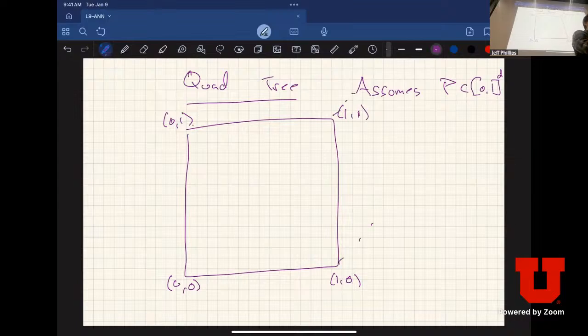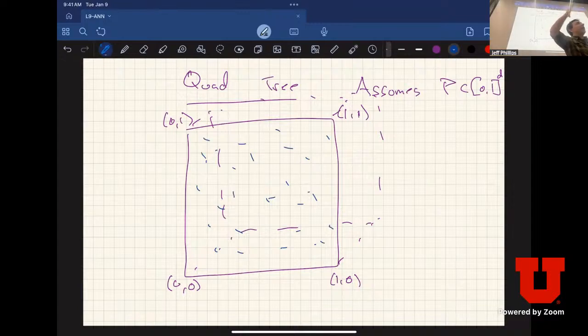Maybe this is a box in high dimension, but my data all lives in it. If it doesn't live in a box like this, I first scale it so it fits, and then I build the data structure.